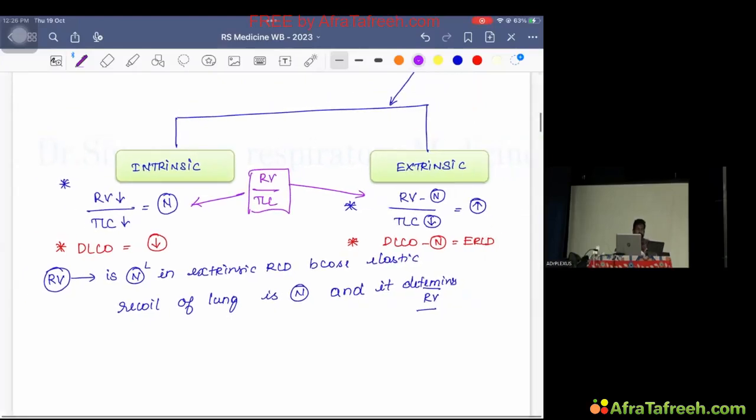So what is RV? RV is residual volume. It depends upon the elastic recoil of the lung, and it is normal in extrinsic, but it is decreased in intrinsic restrictive lung disease.